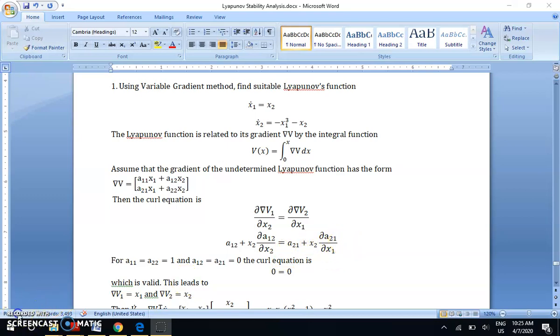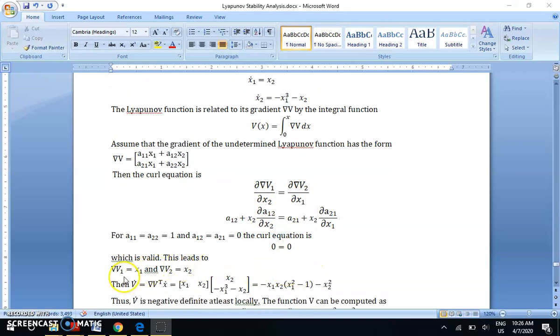Now because we have taken the coefficients a11, a12, a21 and a22 as constants, and say for example a11 equal to a22 equal to 1 and a12 equal to a21 equal to 0, the curl condition would be 0 equal to 0, which is valid. Now this leads to ∇v1 is x1 because a11 is 1 and a12 is 0.